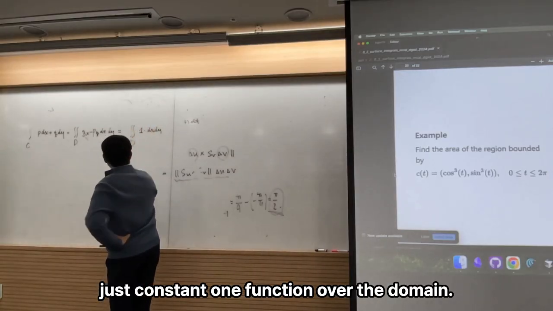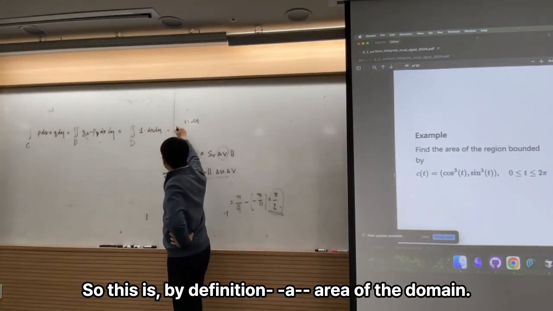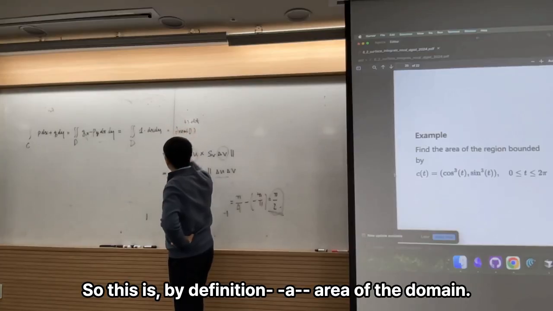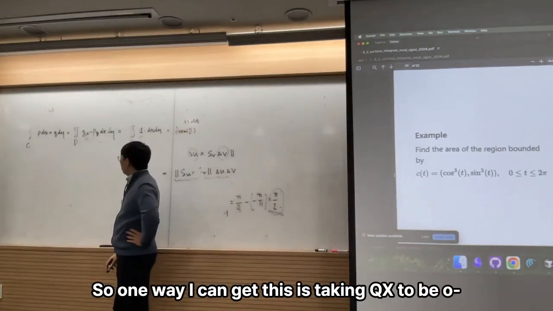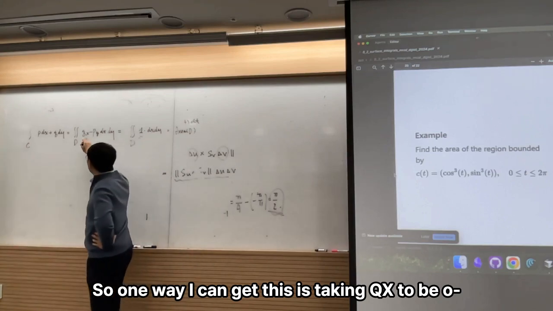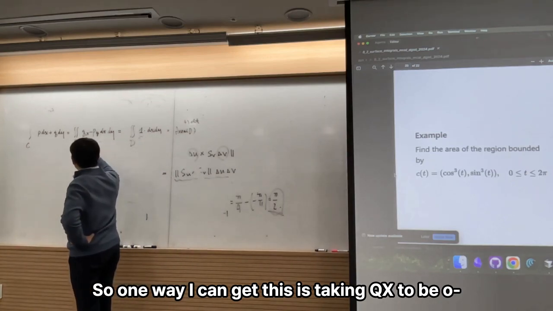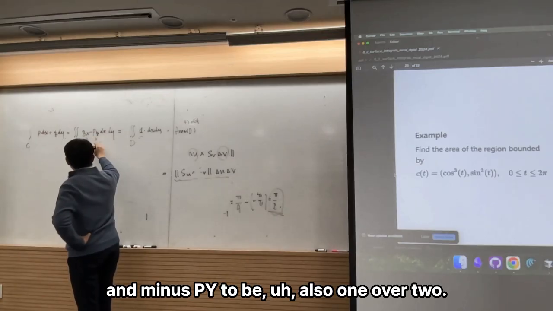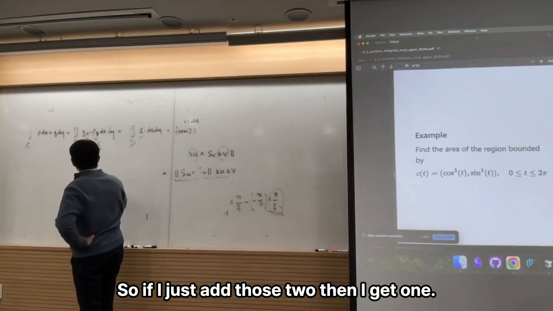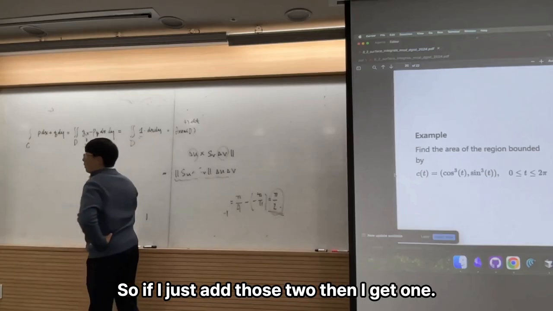over the domain. So this is, by definition, the area of the domain. So I want 1 after computing Qx minus Py. One way I can get this is making Q so that Qx is 1 over 2, and minus Py also 1 over 2. If I add those two, then I get 1.